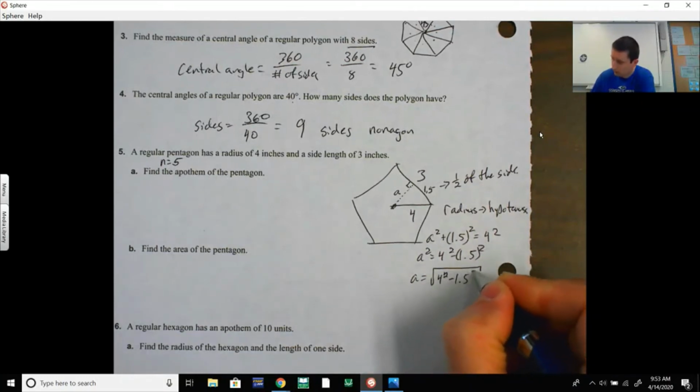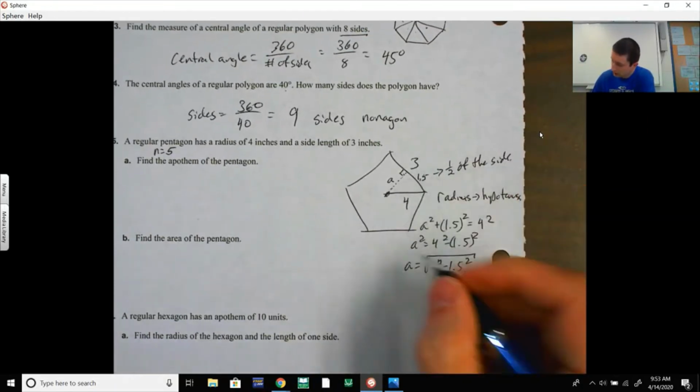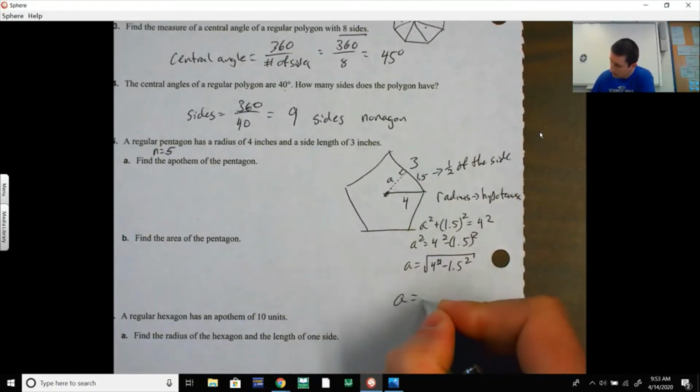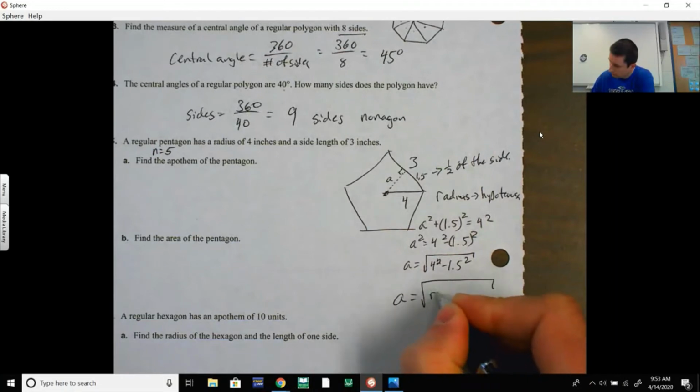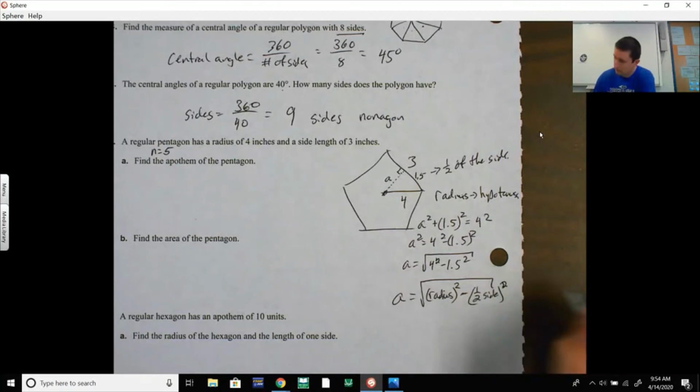So if I put the other terminology in here, I know my apothem equals the square root of the radius squared minus 1/2 of the side squared. That's what we have here.